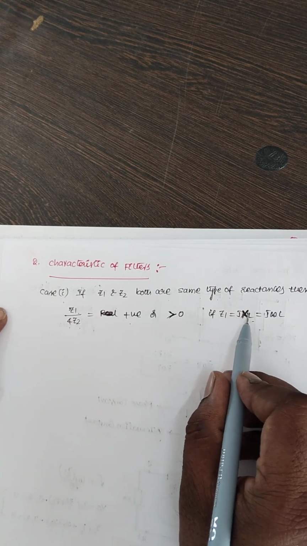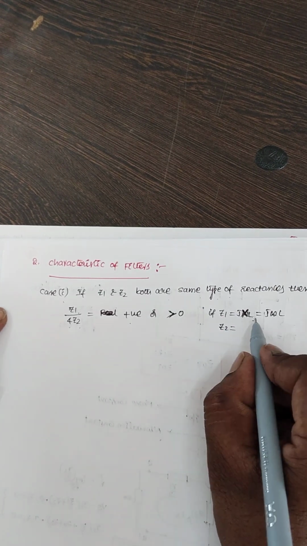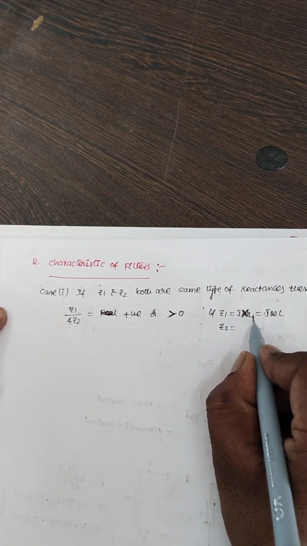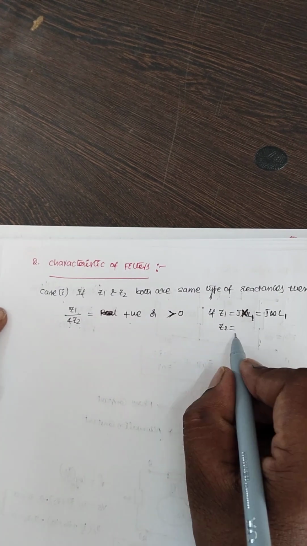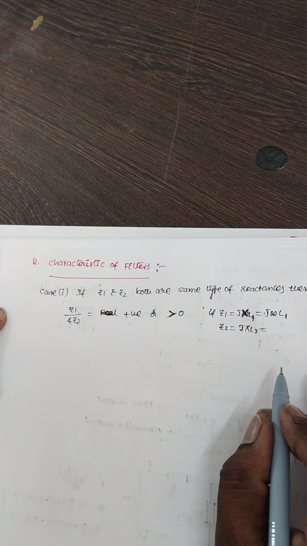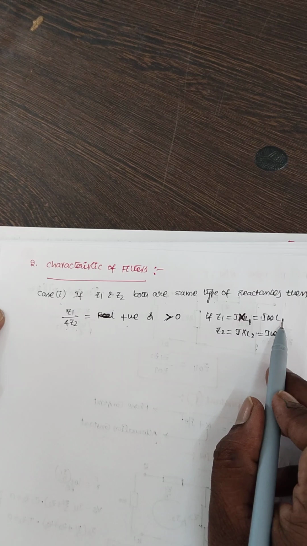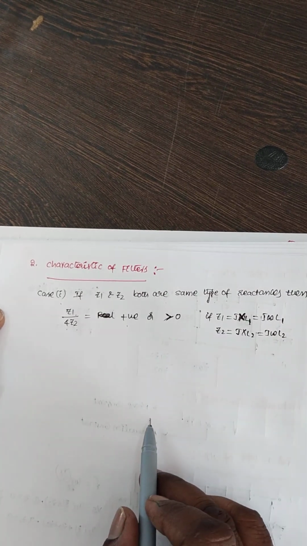So if I consider JXL here, both are the same type of reactances. So let us assume XL1 is J omega L1, and for Z2 it is JXL2, both the same type of reactances, then it is J omega L2. Frequency is the same, these inductances are different.